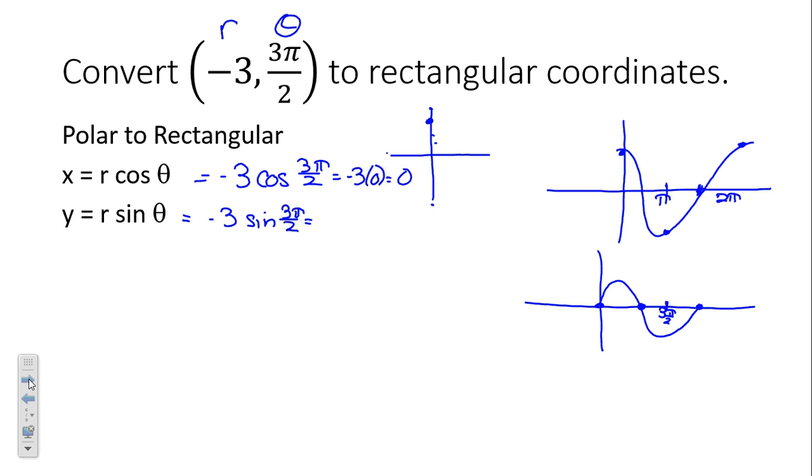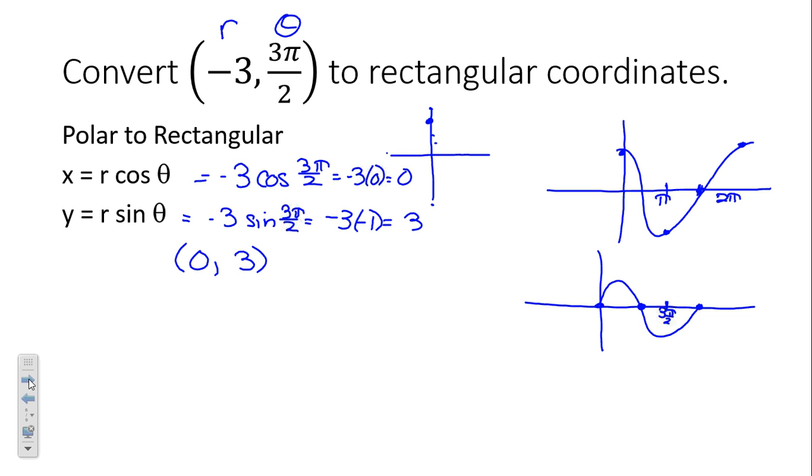So when we take a -3 times a -1, we get 3. So our rectangular coordinates are 0, 3. Does that match where we think it should be? 0 over, 3 up.